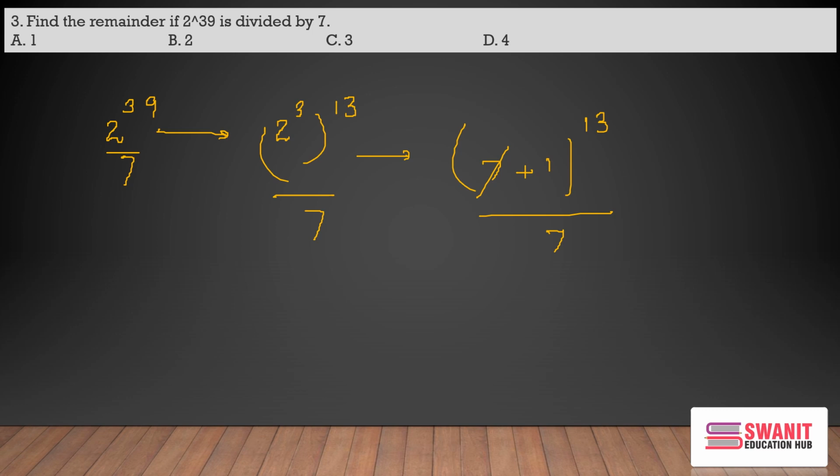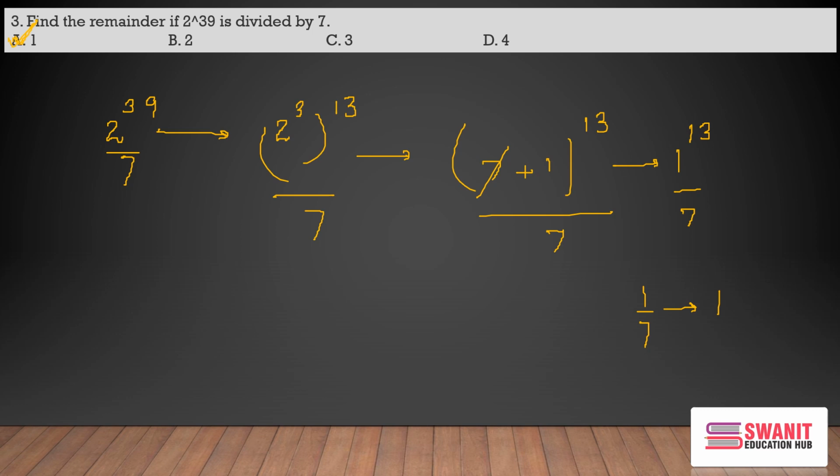Like I said, for more details you can watch another video on my channel which talks about the remainder finding process. So I'm left with 1 to the power 13 divided by 7, which is 1 by 7, and therefore the remainder is 1. That's again option A, that is 1. So easy questions, but yes, this is what has been the process during the Deloitte recruitment.